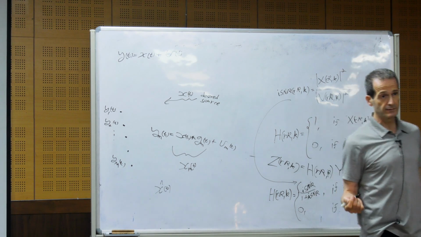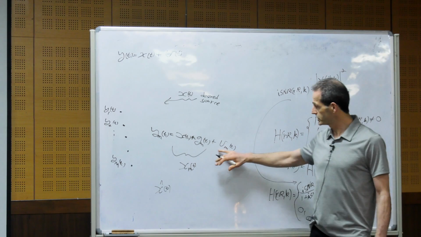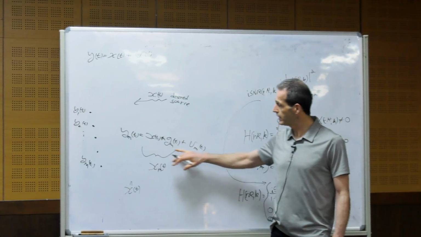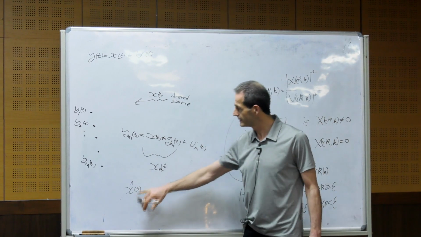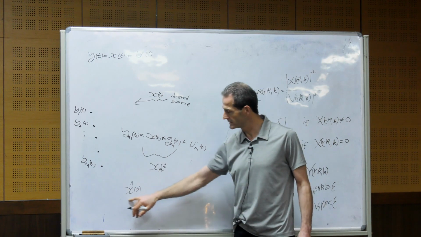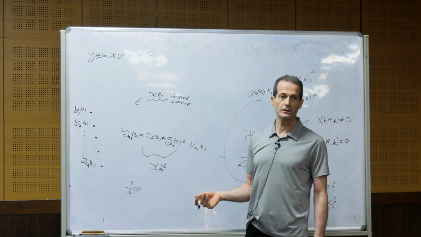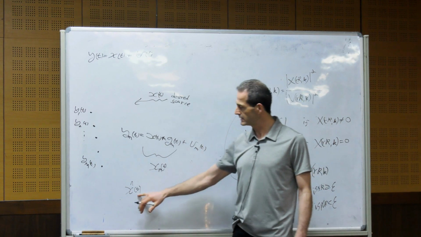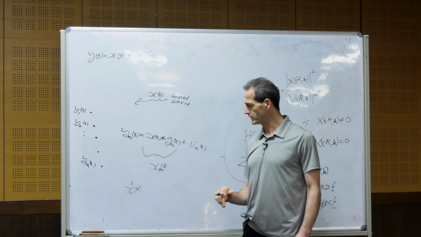And this task we call noise reduction or enhancement plus de-reverberation, because we try to estimate the original signal from the source. We call it the de-reverberated signal, so it includes both noise reduction and de-reverberation.